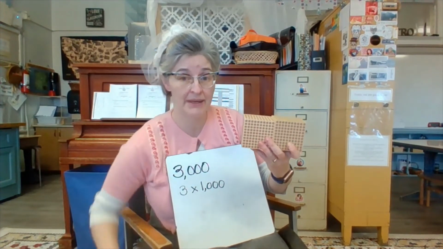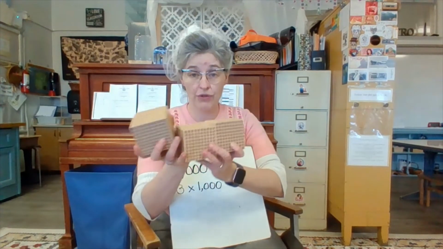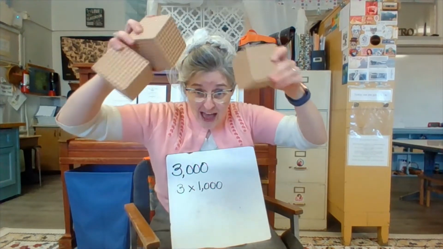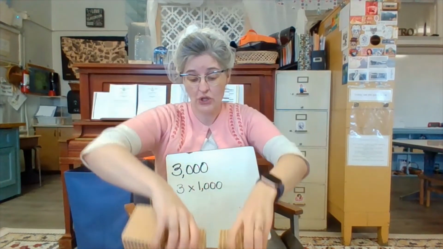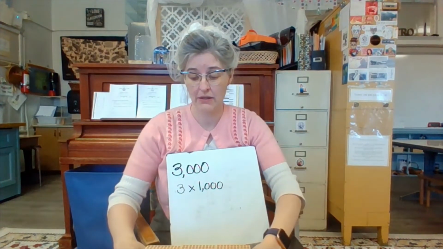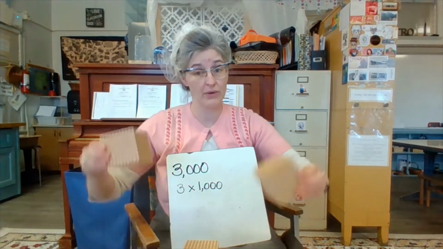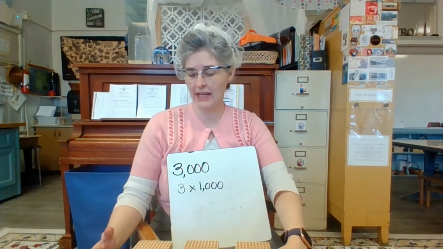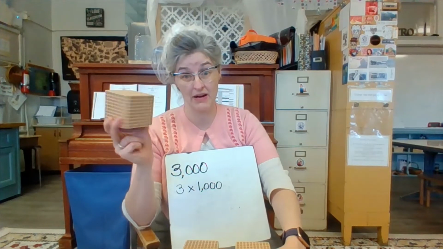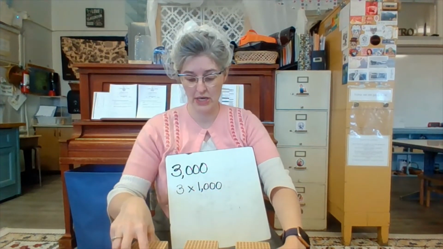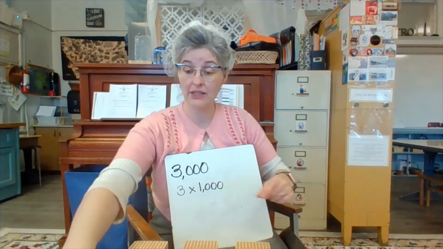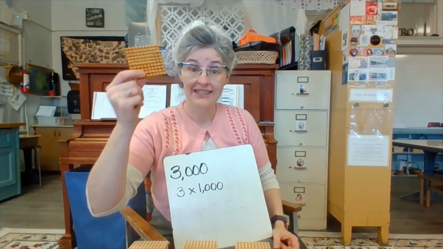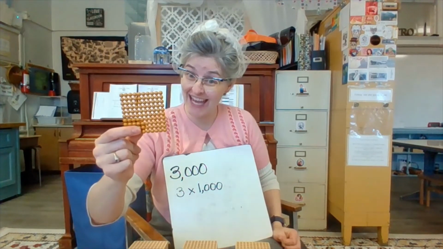If I have 3,000, it means I have 3 thousands. So 3 thousands can all be written out as 3,000. Now, what if I break these apart? Oh, I make each thousand by doing 10 times 10 times 10, right?